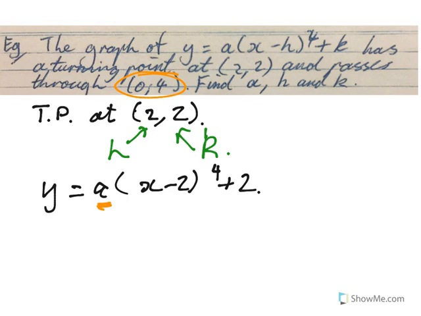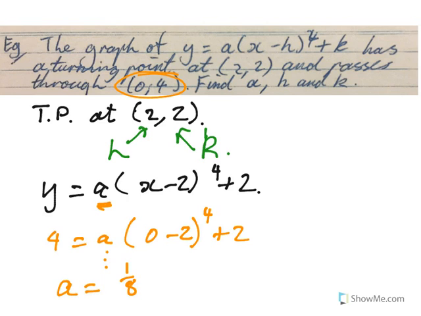So if we put that information in, 4 equals a (0 minus 2) to the 4 plus 2, and if you do the calculations with that, negative 2 to the power of 4, etc. You find that in the end, and this is in the notes, that a equals 1/8. So our final is y equals 1/8 (x minus 2) to the 4 plus 2.